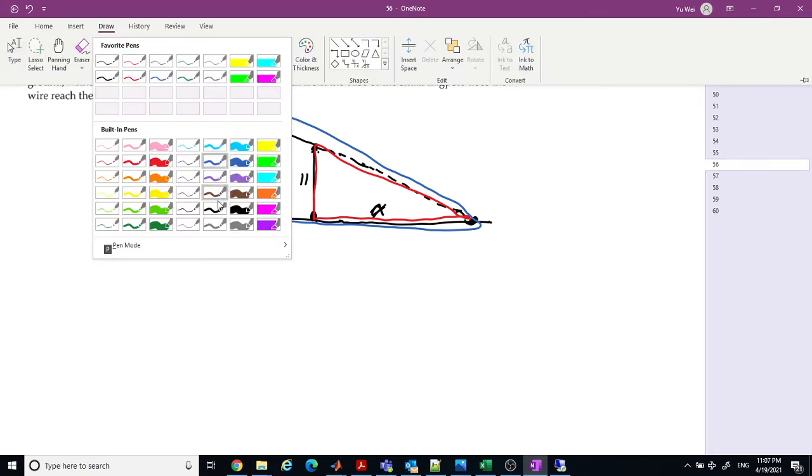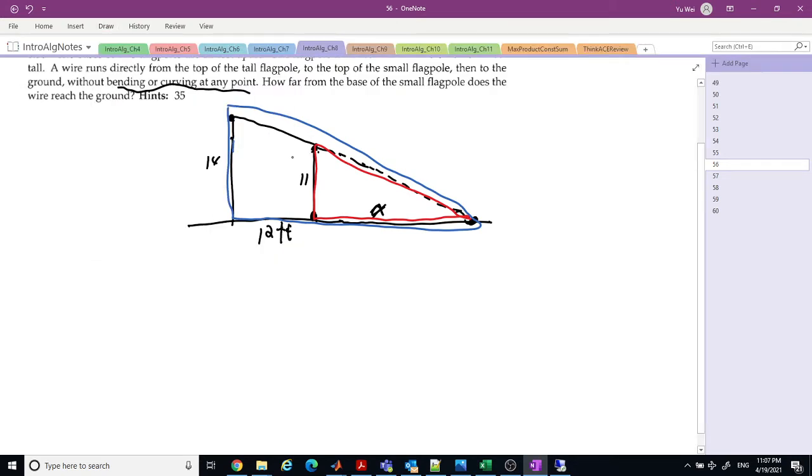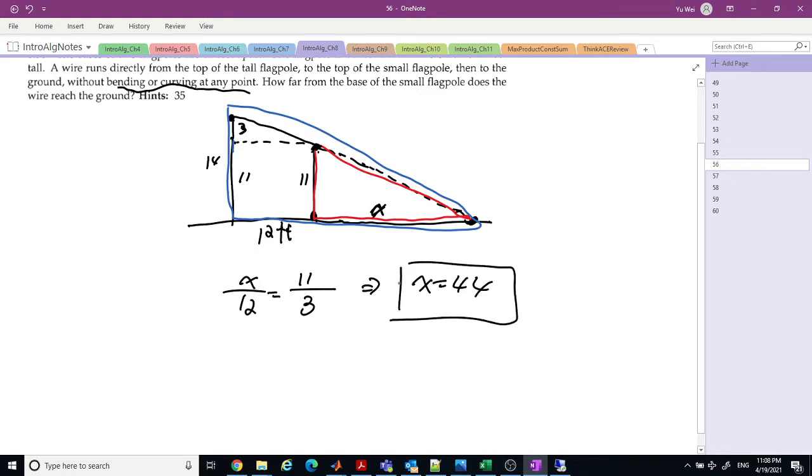So with knowing the similar triangles, let's draw an extension here. Here is the 11, here is the 3, right? So x over 12 is equal to 11 over 3. Now let's solve. x is 44.